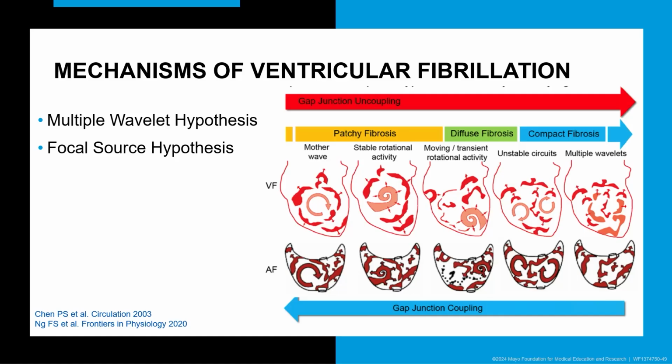Well, what if the gap junctions are on the side? What if you've got fibrosis? What if you've got a papillary muscle, a valve, something to disrupt conduction through that myocardium? They break up into these multiple wavelets and they feed off each other in a multiple wavelet hypothesis. But is there a functional driver for that? Is there a rotor?